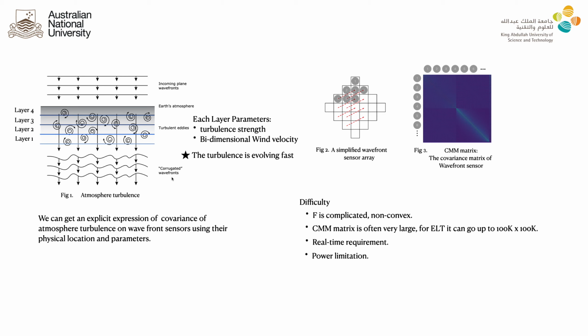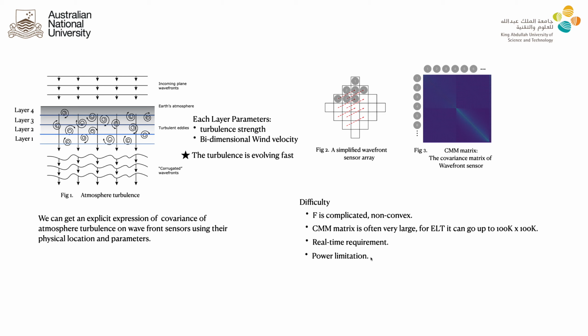Except for the identification problem, the AO system also needs to record the data, clean data, and generate the commands for the other components. So the identification problem is only one process, and we need to be as fast as we can.